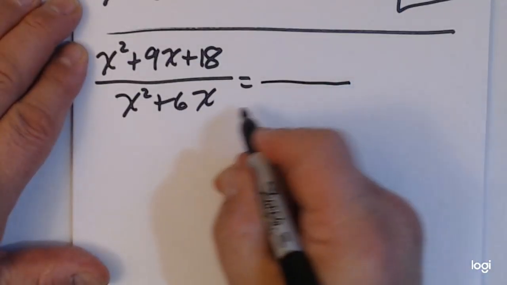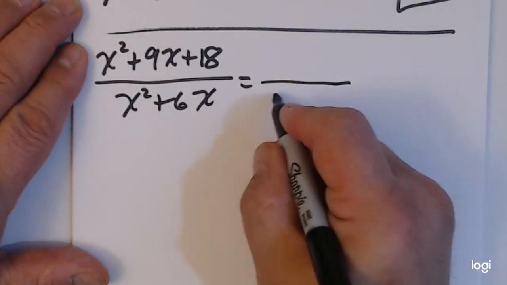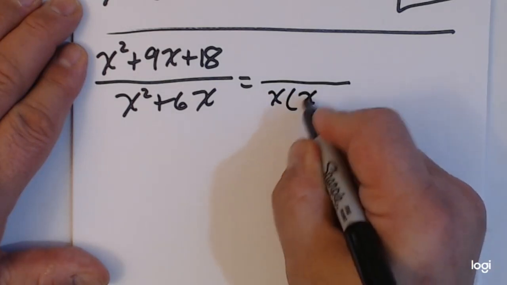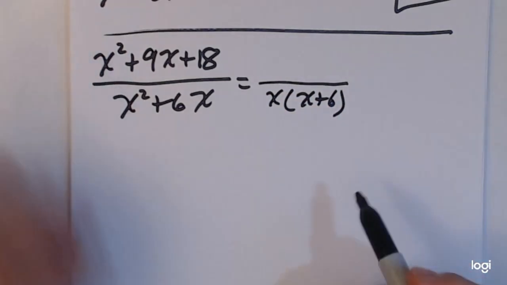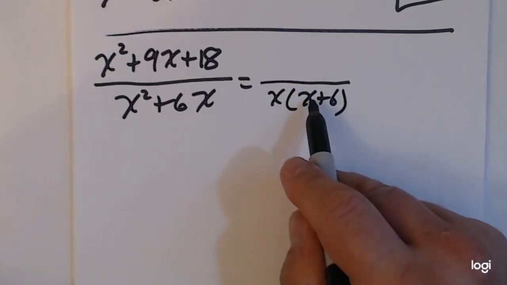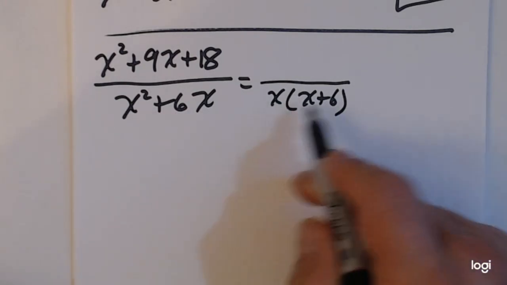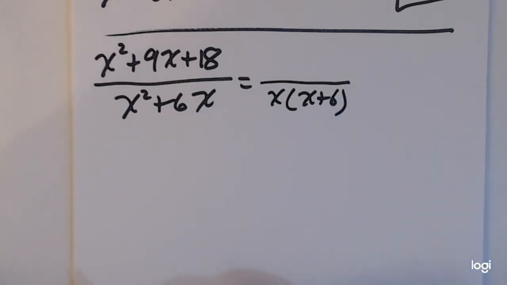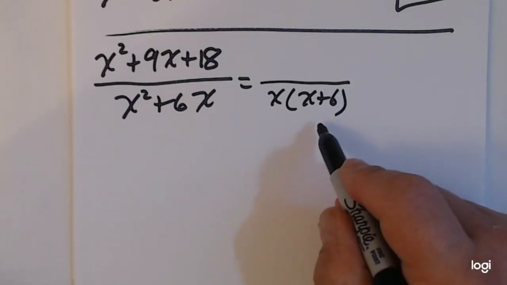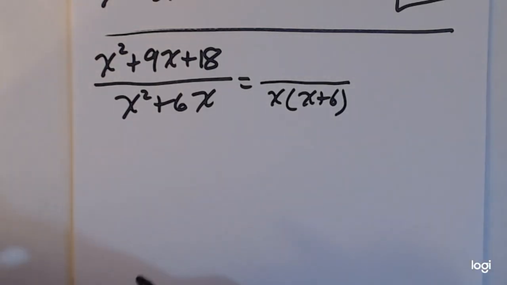So let's see, we get an x times x plus 6, right? X times x is x squared, and x times 6 is 6x. So knowing that we have an x plus 6 in the denominator, looks like we're probably going to have an x plus 6 in the numerator.